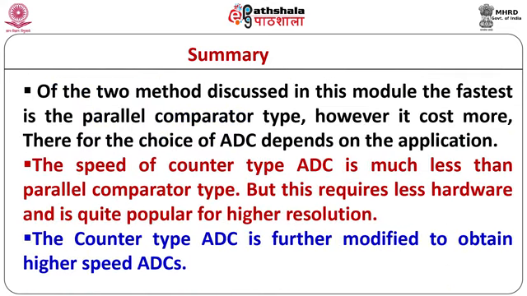This is a straightforward method of converting an analog signal into digital form, which is basically used whenever we require higher resolution, but the drawback is the conversion time, and hence a compromise has to be made. Whether to use a parallel comparator type method or a counter type method will be decided by the application. When we require a small conversion time, the parallel comparator type method is used, whereas when we require higher resolution, a counter type ADC is used.